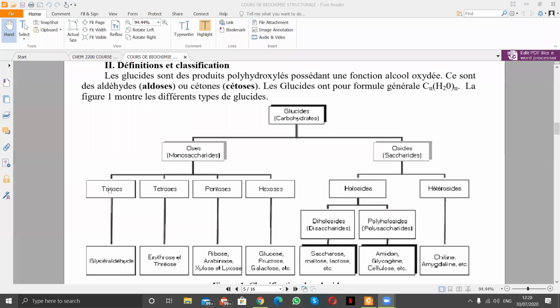Triose means it has 3 carbon atoms. Tetrose means it has 4 carbon atoms. Pentose is 5. Hexose is 6. Heptose 7. Octose 8. And so on and so forth.